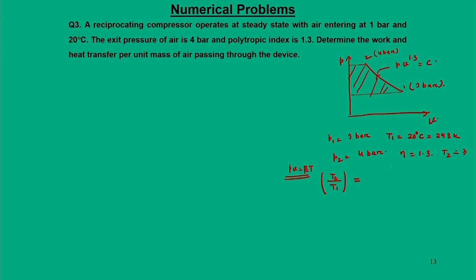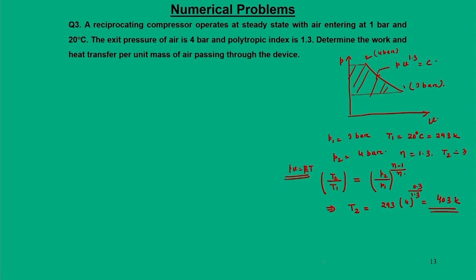The T2 by T1 we can write as P2 by P1 to the power n minus 1 by n. So, all the numbers are given. So, this equation will give you T2 as 293 into 4 to the power 0.3 by 1.3, and this number would be 403 Kelvin.